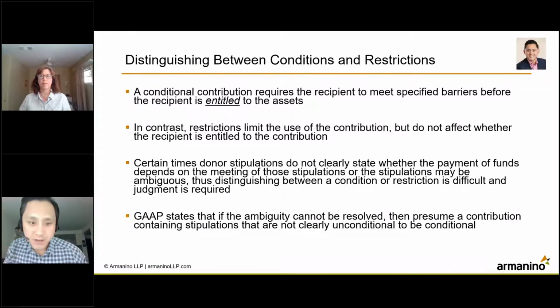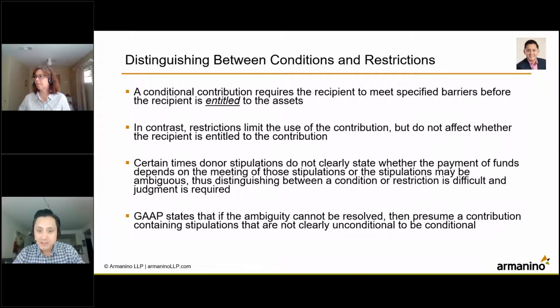All right, thanks, Renee. Next we'll take a look at the difference between a condition and a restriction. This is an area where diversity and challenges continue to exist, and judgment is going to be required. We've looked at a ton of contribution agreements with our clients, and when you try to apply the provisions of ASU 2018-08, it can be quite tricky because of the way the grants are written.